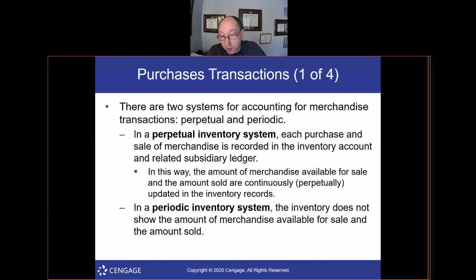They will use a periodic inventory system. What that means is at the end of each month, they will do a physical inventory of what they sold and create a journal entry for those sales. That's why they call it periodic. They do it periodically, once in a while.